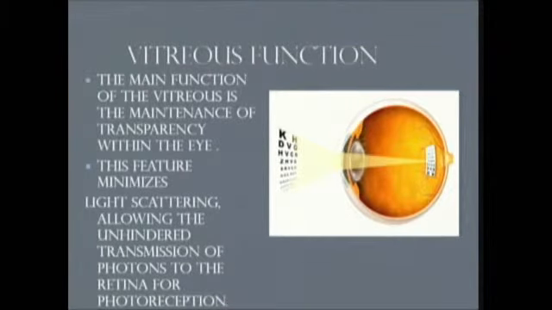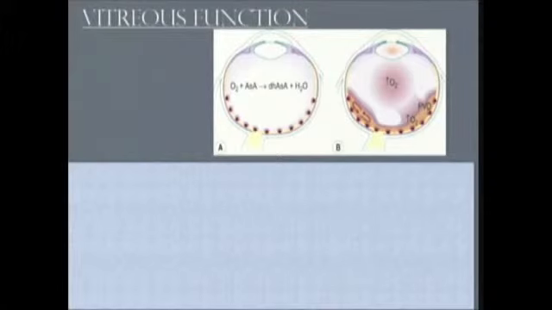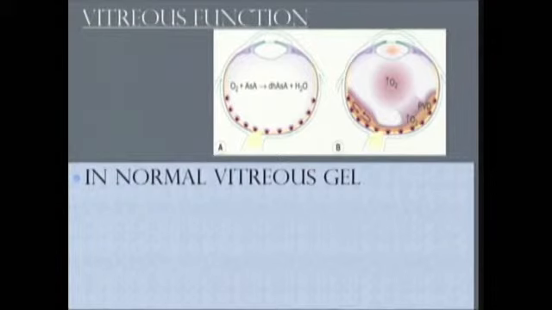As you know, the main function of the vitreous is transparency, and this transparency helps to transmit the photons to the retina. As for other functions, in the normal vitreous, the oxygen is usually attached near the retina.